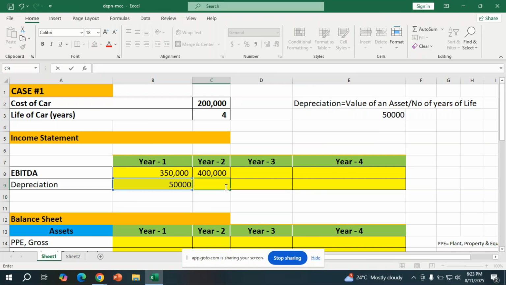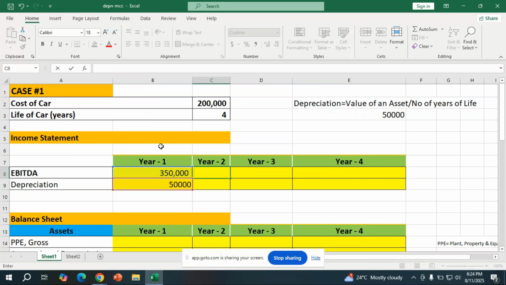After that, we have to first design the income statement for the 4 years. For the first year, I have given 3,50,000 as the earnings before interest, tax and depreciation. EBITDA is arrived at how? Gross profit minus the operating expenses. You arrive at earnings before interest, tax, and depreciation.